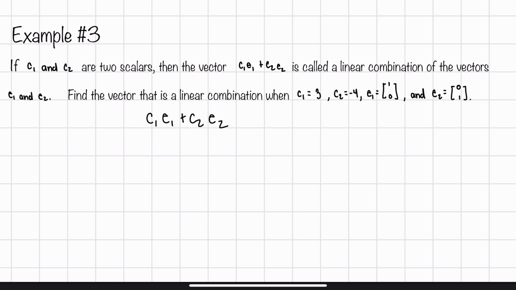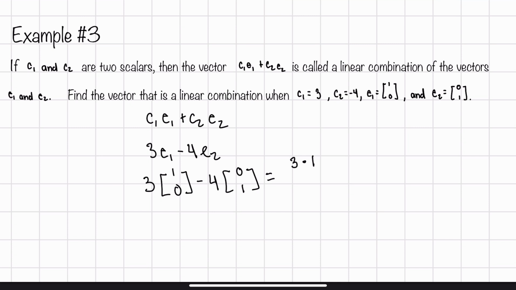So let's go ahead and plug in our scalars first. So c1 is 3 times e1, and then c2 is negative 4, so we would subtract 4 times e2. And then plugging in our vectors, we would get 3 times 1, 0, minus 4 times 0, 1. And we can show this.